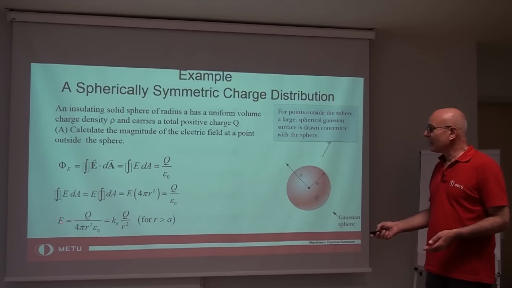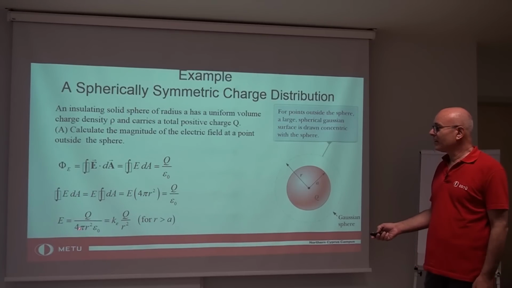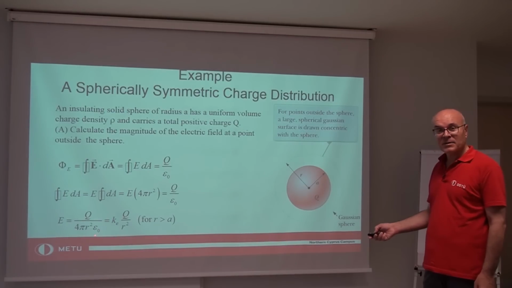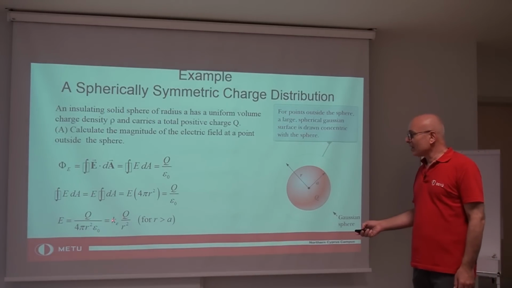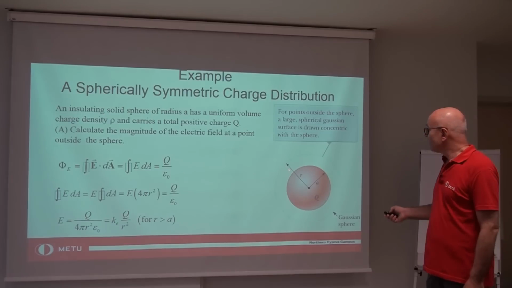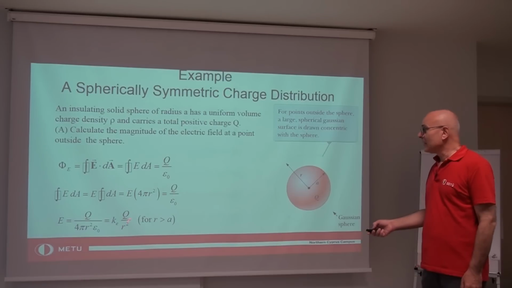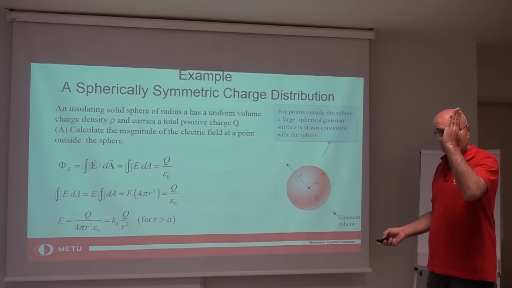If you write it this way, E is equal to Q over 4 pi r squared epsilon naught. Now 1 over 4 pi epsilon naught is k, Coulomb's constant, and so the electric field at the Gaussian surface is this. Now it's directed radially outwards.